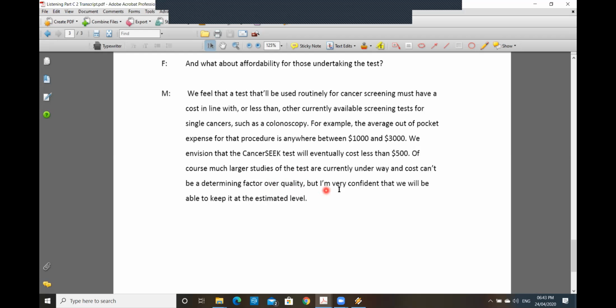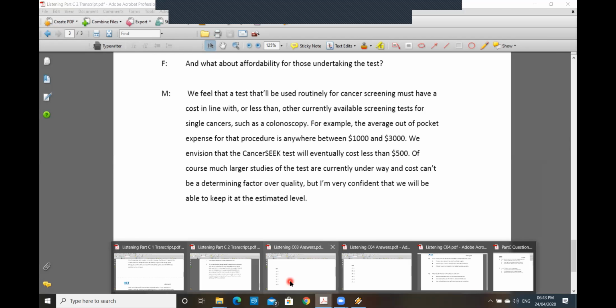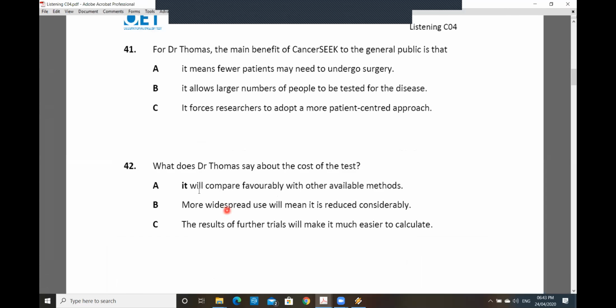And he's trying to say that I'm very confident that we will also be able to keep it at the estimated level. It is not that it would reduce, but it would remain at the estimated level. And if you compare it with other test options, it is comparing favorably. So A is the correct answer here.